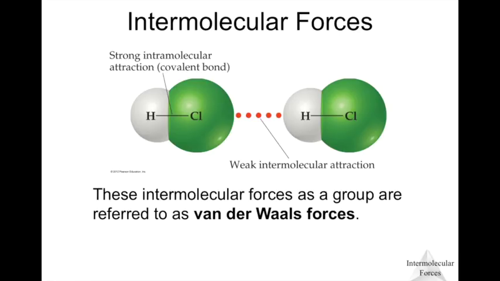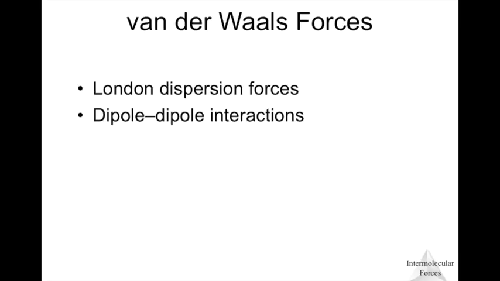These intermolecular forces in general as a group are called van der Waals forces. The different types of van der Waals forces that we'll be talking about are London dispersion forces, sometimes shortened to just dispersion forces, and dipole-dipole interactions, plus some other types of interactions like hydrogen bonding. Those will come a little bit later.